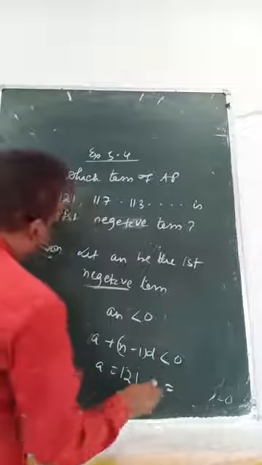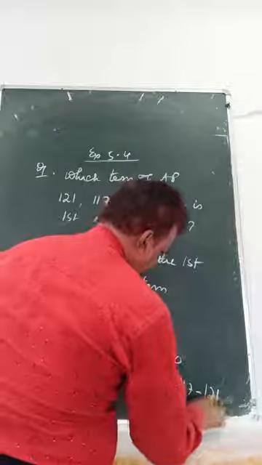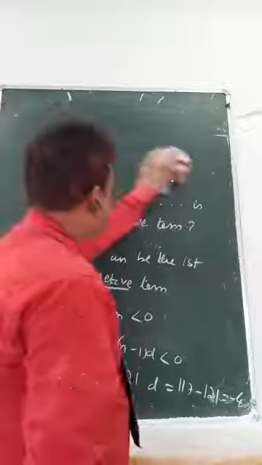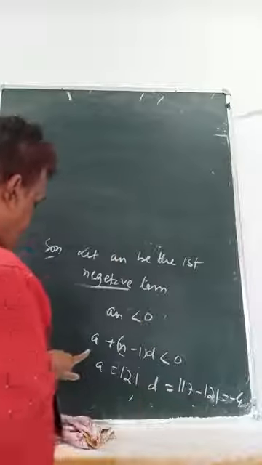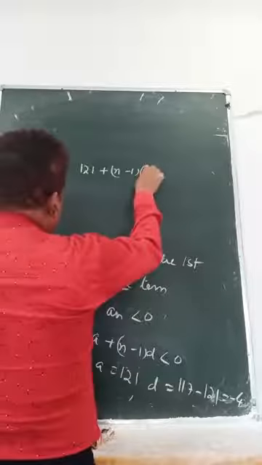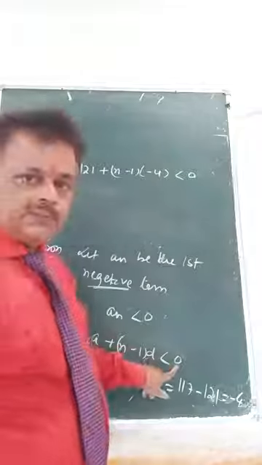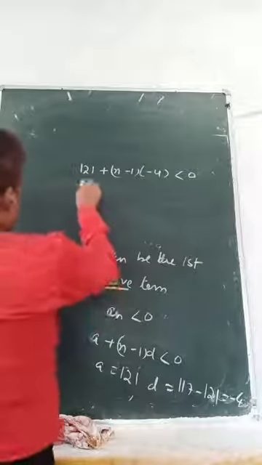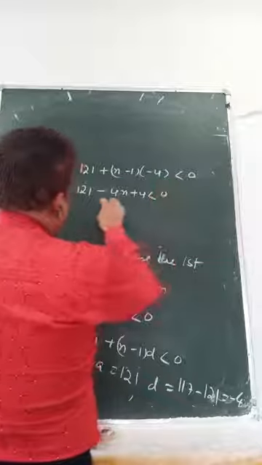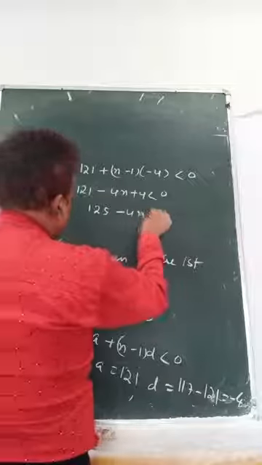What is d? 117 minus 121, that is minus 4. So put the values. 121 plus n minus 1 into minus 4 is less than 0. So 121 minus 4n plus 4 is less than 0. 121 plus 4 is 125 minus 4n is less than 0.